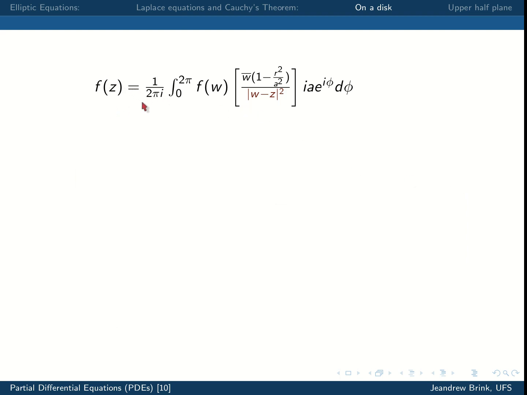Okay, so here we have f of z. It's exactly the expression that was on the top of the second column of the last slide.